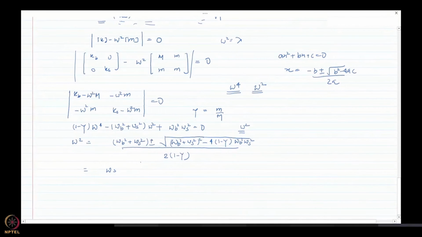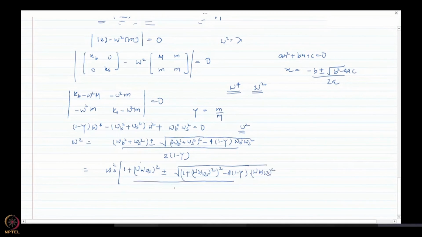So this becomes 1 plus omega b by omega s square, plus minus square root of 1 plus omega b by omega s square whole square minus 4 omega b by omega s square, and this whole thing divided by 2 times 1 minus gamma.